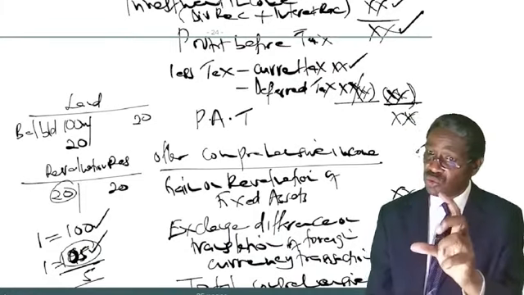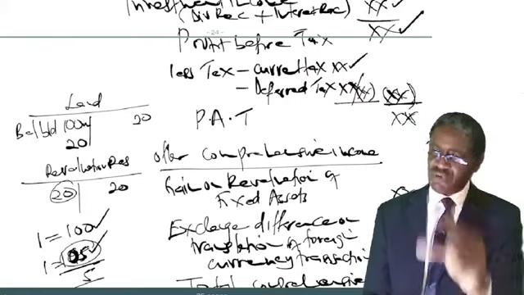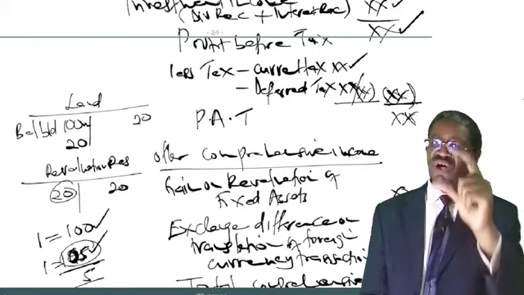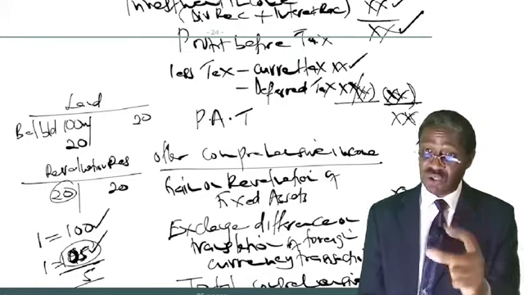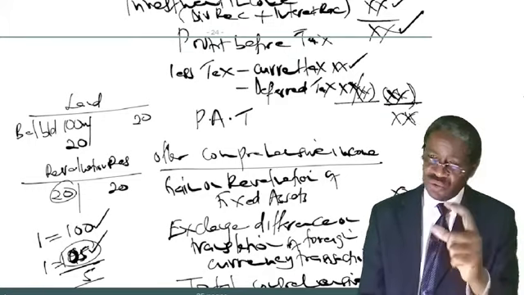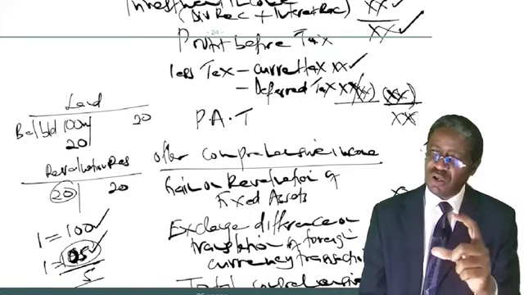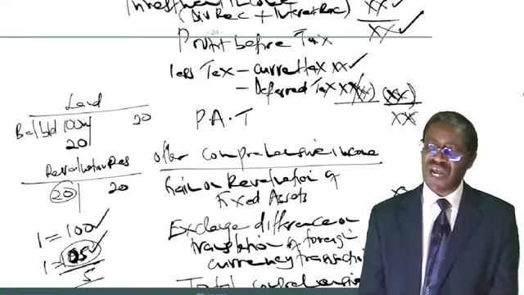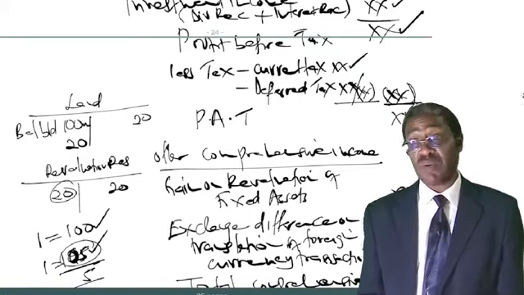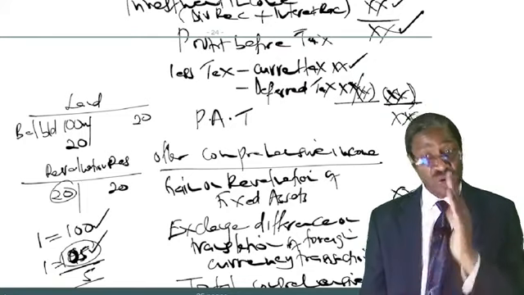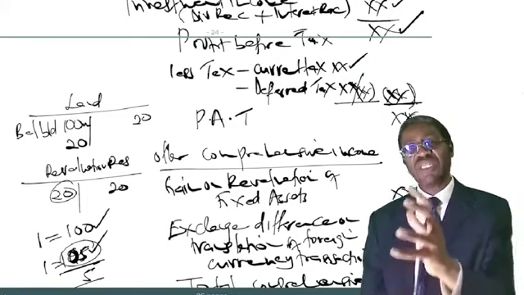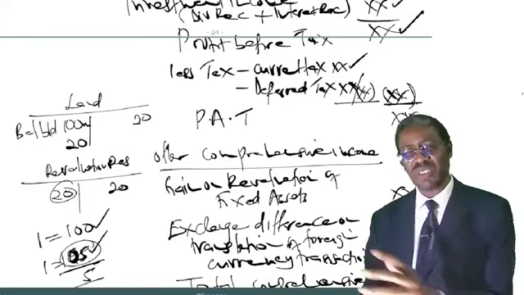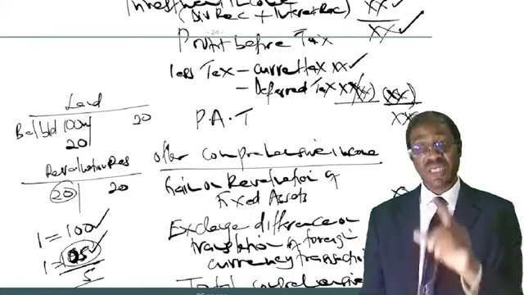Once you get the profit after tax, you are through with the income statement for publication purposes. Do not show the appropriations of that profit in this income statement. Those appropriations should be done in the statement of changes in equity, as we shall see later.